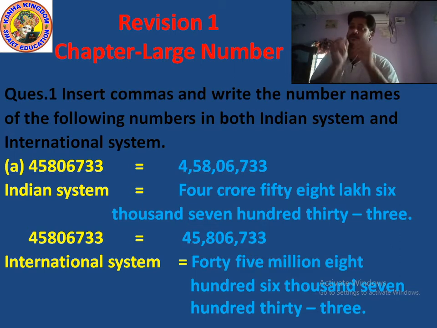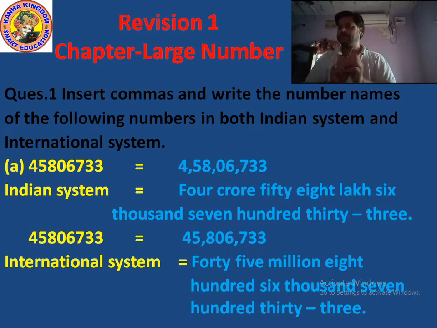After that thousand period starts, and in thousand period only 2 place values, so you count only 2 place values, that is 6, and then 0, then make another comma. Now start in lakhs period. In lakhs period also 2 place values, that is 8 and 5, and finally crore place value, and in crore place value which digit? 4.